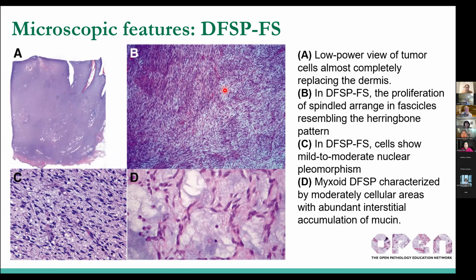The pattern is also different in that it is more of a herringbone structure and less of a storiform structure like we've seen in our classic DFSP. The cells show mild to moderate pleomorphism, but certainly more pleomorphic than our classic one. And image D is just an example of a myxoid type of DFSP. So you can see abundant myxoid stroma here.